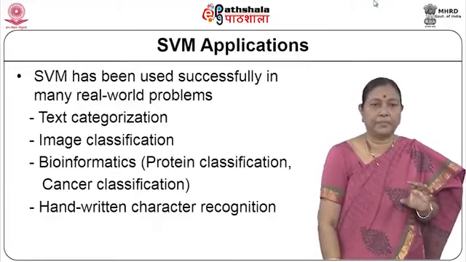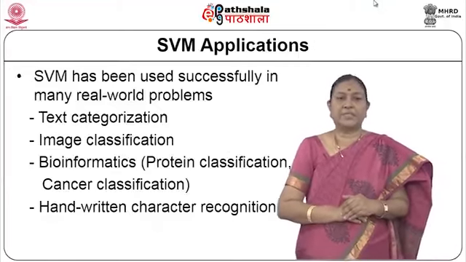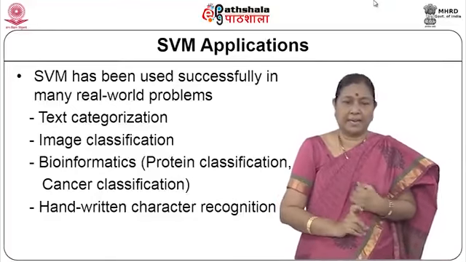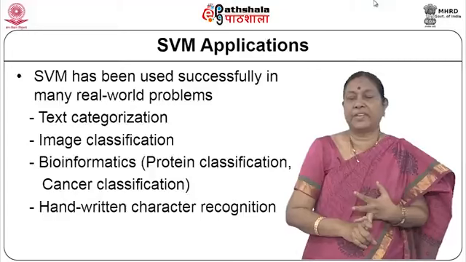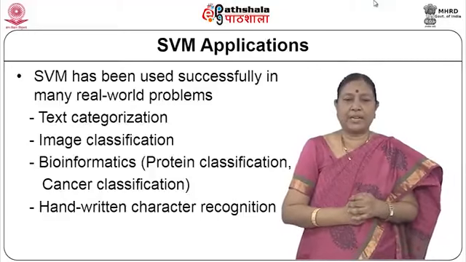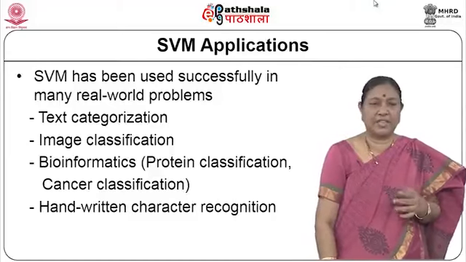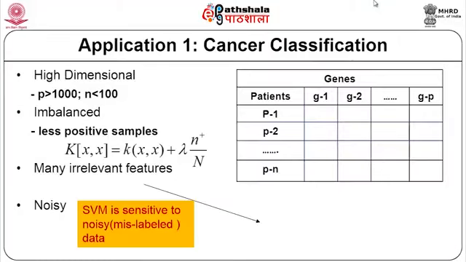Now, some of the applications of SVM that have been successfully used in many real world problems are text categorization, image classification, bioinformatics like protein classification, cancer classification, handwritten character recognition, and so on. So, let us take an example of cancer classification.